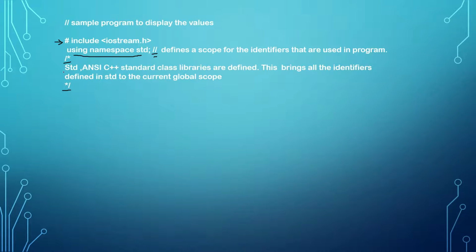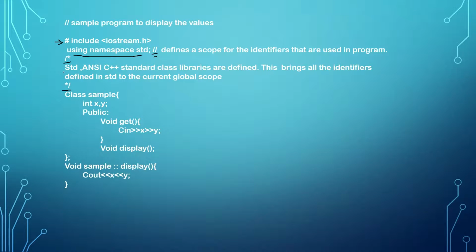Now let us see how to declare and define the class. This is the member variable, and the member function void display we are going to define outside. In the main function, we first create an object, then by using this object we call both the functions get and display.